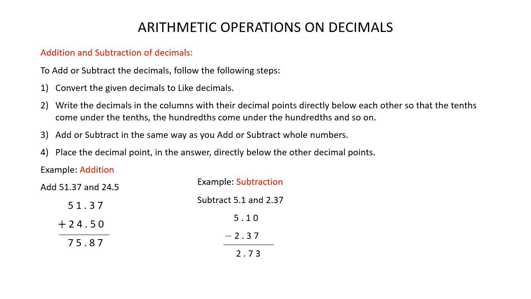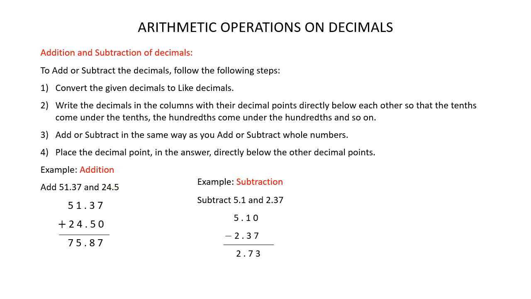Now let's understand this with examples. First, let's understand addition of decimals. Add 51.37 and 24.5. Now these two numbers are unlike decimals because 51.37 has two digits after the decimal point and 24.5 has only one digit after the decimal point. So now to make 24.5 a like decimal of 51.37, add a 0 after 5.